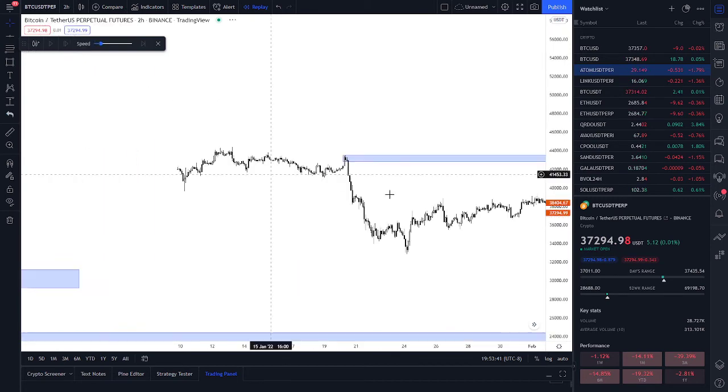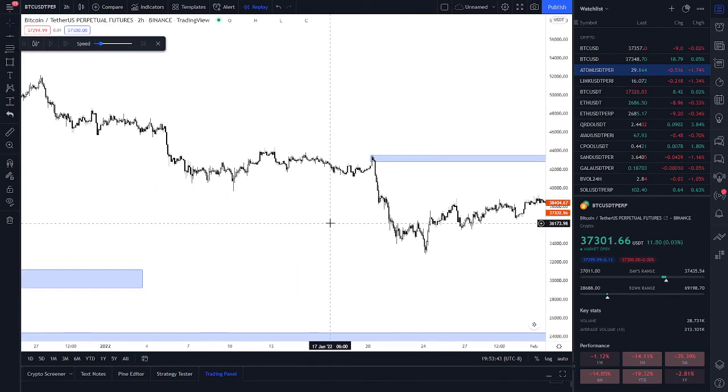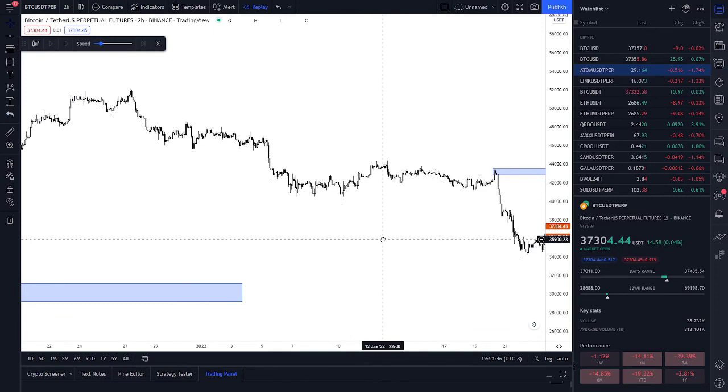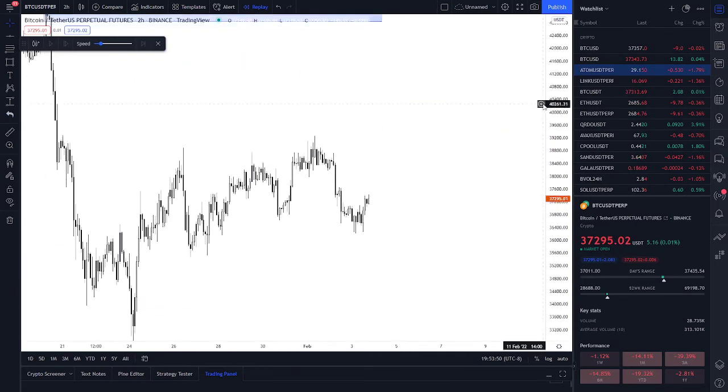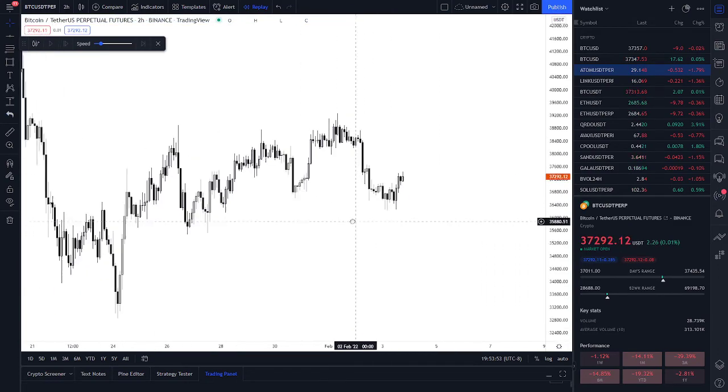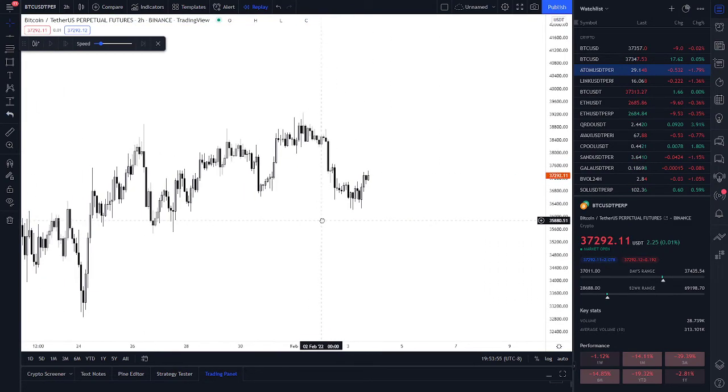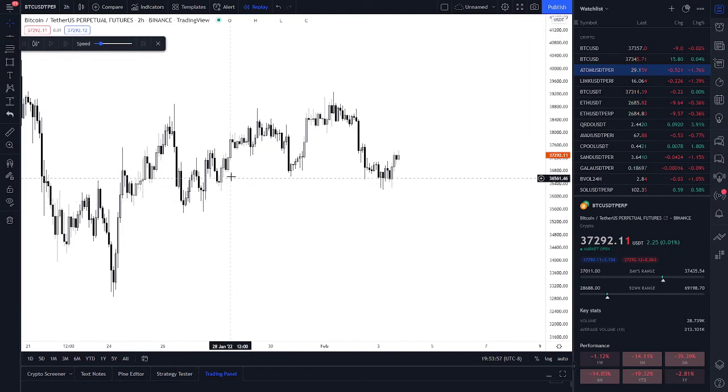Let's go on a lower time frame. What do we see? Upwards movement, consolidation, if I draw my lines correctly.